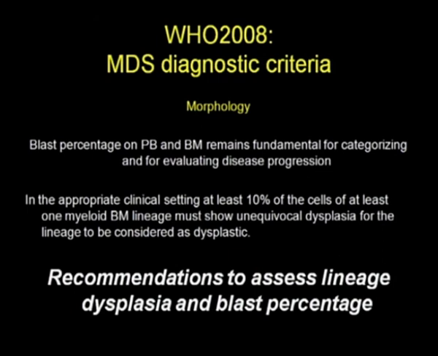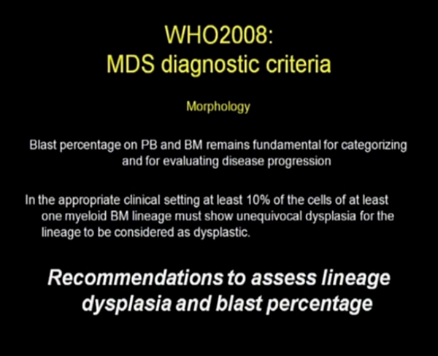Up to now, we went through the morphologic quantitative criteria. Now, in this document, there are criteria on the morphological features of the cell.